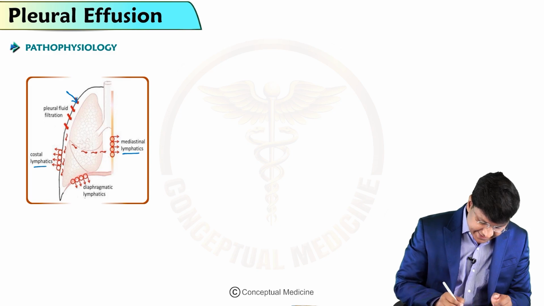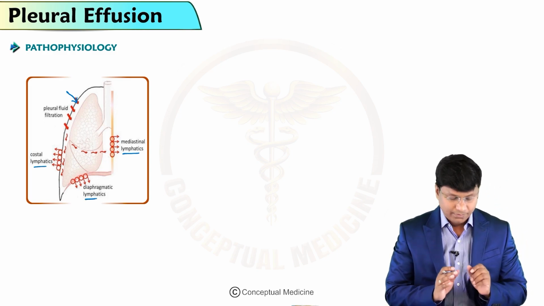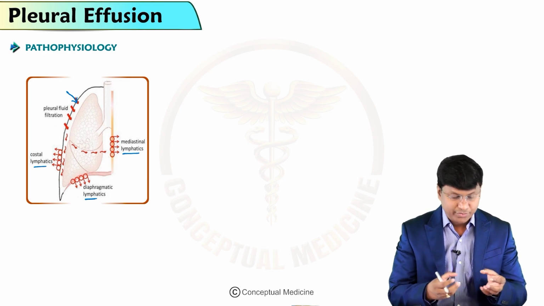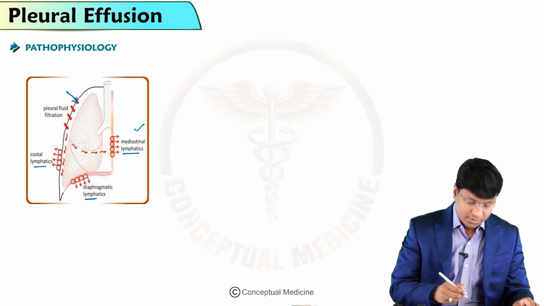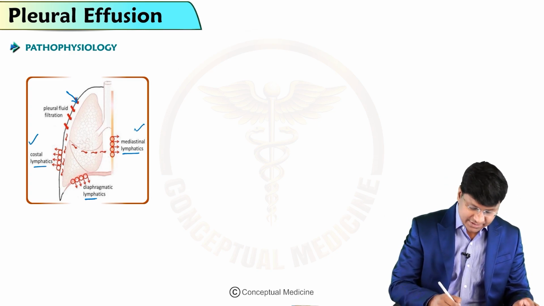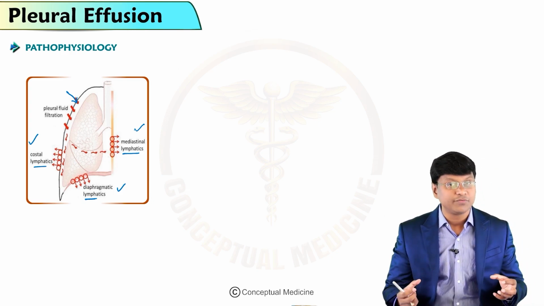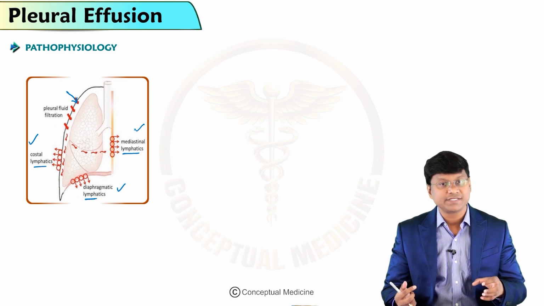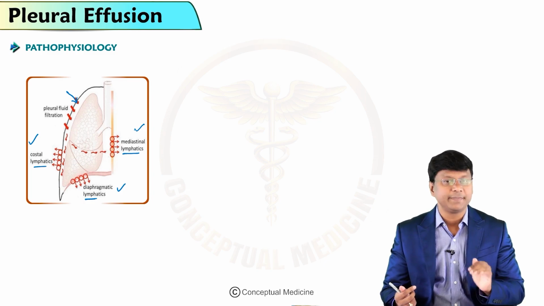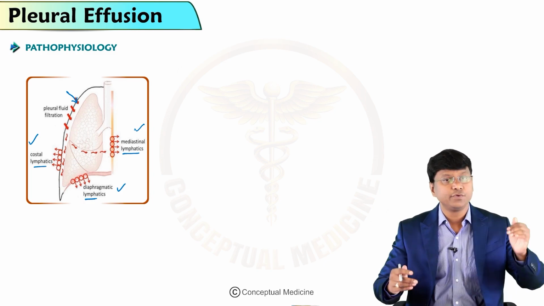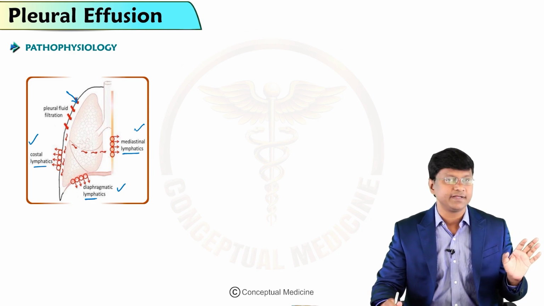Those lymphatics which absorb the fluid are the mediastinal lymphatics, costal lymphatics, and the diaphragmatic lymphatics. So the fluid enters via capillaries in the parietal pleura and is removed via lymphatics in the parietal pleura.